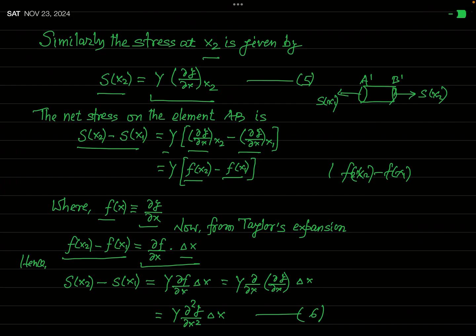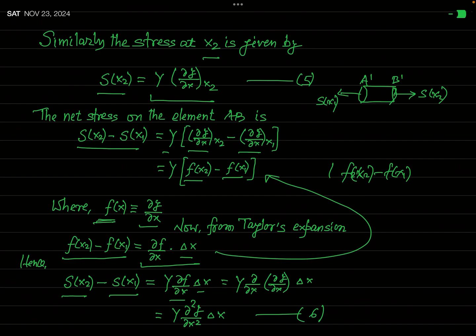Therefore, let us substitute this value of f of x2 minus f of x1 here. So S at x2 minus S at x1 is equal to this much. This is capital Y, which is actually Young's modulus, times del f by del x times delta x. But you can see f is equal to del y by del x.